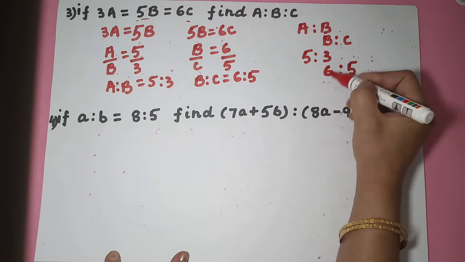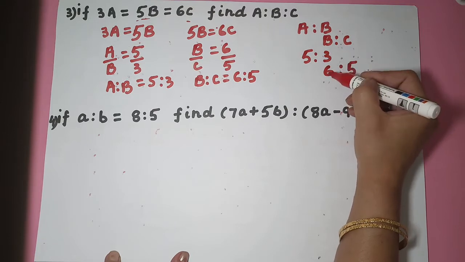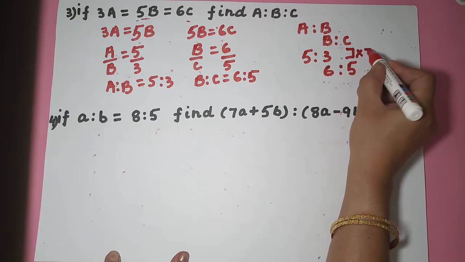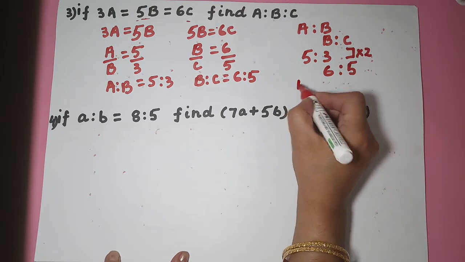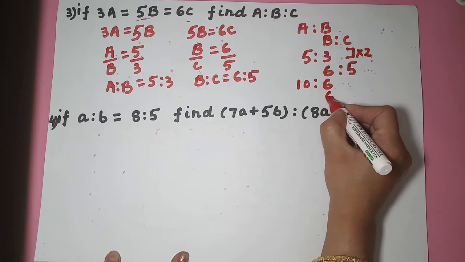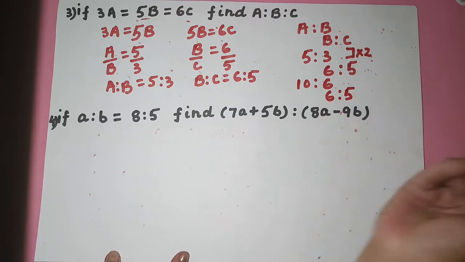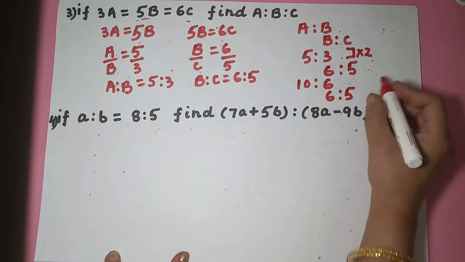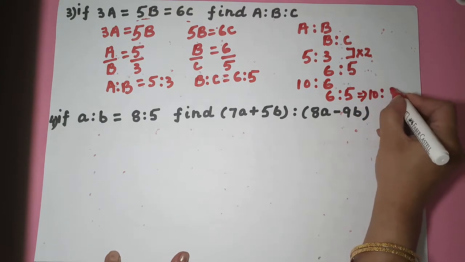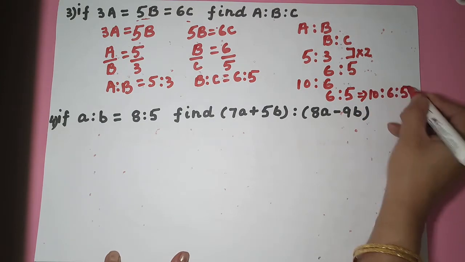Now what will be the LCM of this? 6. So I have to only multiply the upper term by 2. So what will I get? 10 is to 6. And here I have 6 is to 5. So now what is my A is to B is to C? Is it 10 is to 6 is to 5?